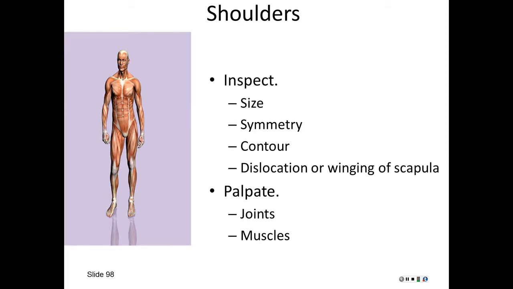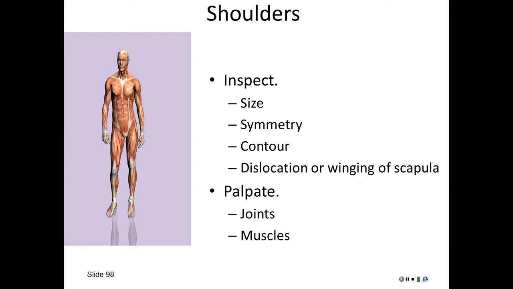Shoulders, you look at size and symmetry, and on the shoulders you want to see if there's any dislocating or winging of the scapula. Winging means you should palpate both scapulae and they should be flat. Have the patient do a push-up against the wall and stop halfway there with their arms flexed in a push-up position against a wall.